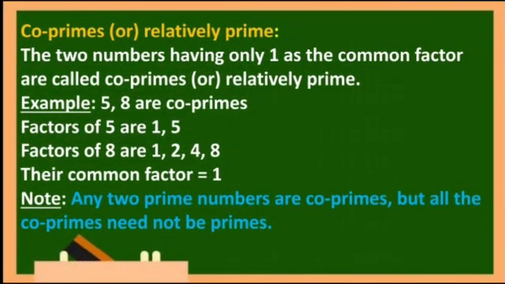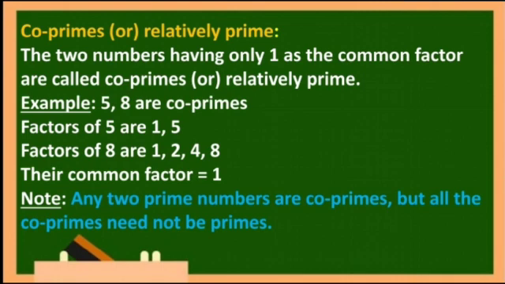Coprimes or relatively prime. The two numbers having only 1 as the common factor are called coprimes or relatively prime. Example, 5 and 8 are coprimes. The factors of 5 are 1 and 5.